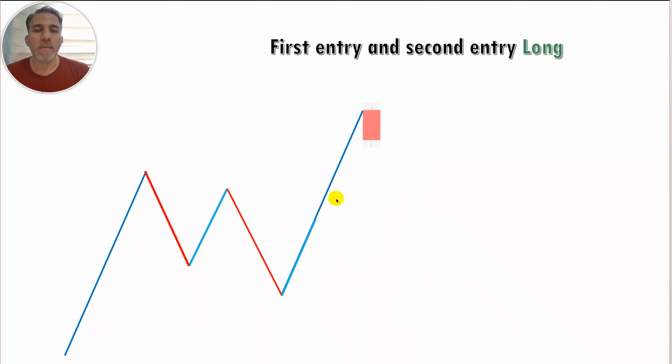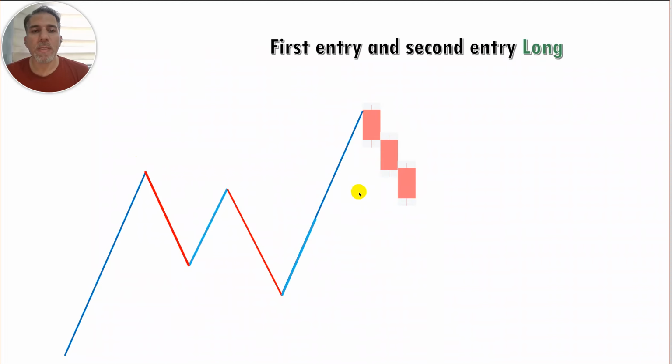In the pullback phase of an uptrend, we are going to compare the highs of the candles. Why do we do that? I'm going to explain. The high of this candle is lower than the previous one, and this one again, the high of this candle is lower than the high of the previous candle in our uptrend pullback phase. We're just going to compare this.